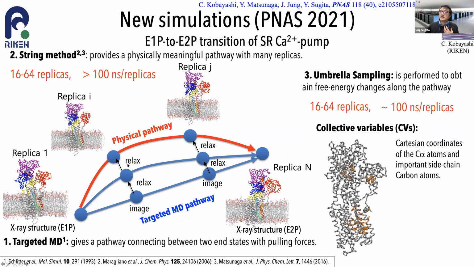But to do this, we have to run each replica longer than 100 nanoseconds. After getting the physically meaningful pathway, we can run umbrella sampling to get the free energy difference. It's actually a big calculation even for us.